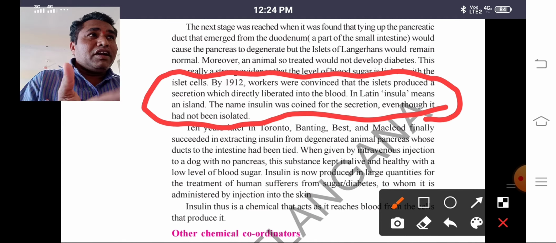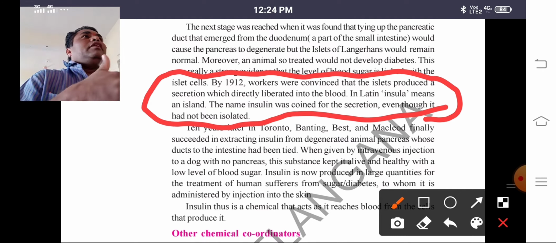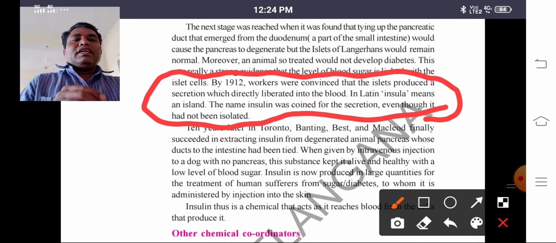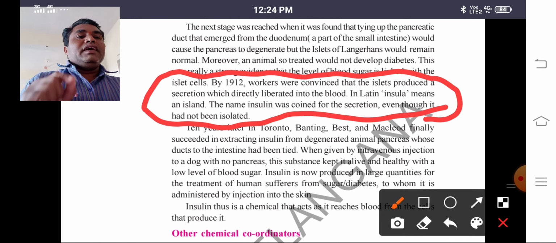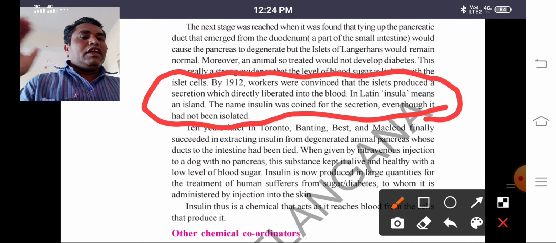An island is a part with water or space all around it. Centrally there is a part, and around it there is water or space, a space surrounded by a part or thing. Like that, here the islets of Langerhans are surrounded by space, and because of that they were given the name island.